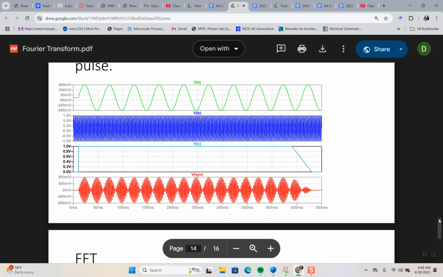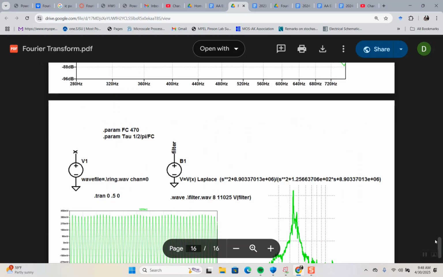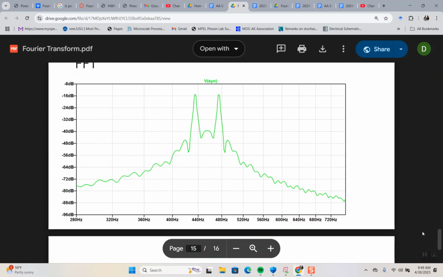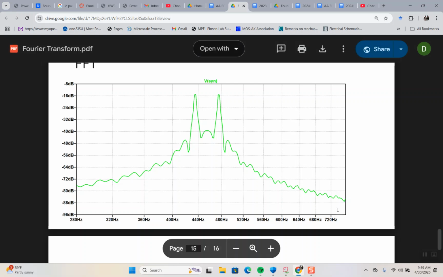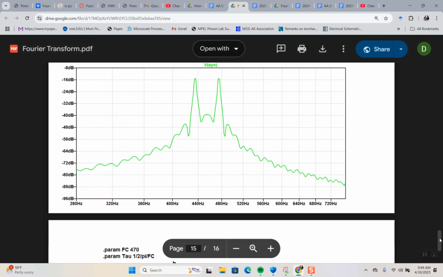So when you do the FFT, yeah, there's two peaks. If we looked at negative frequency, you would see two peaks at the negative frequency as well. That's more of the modulation thing, right?